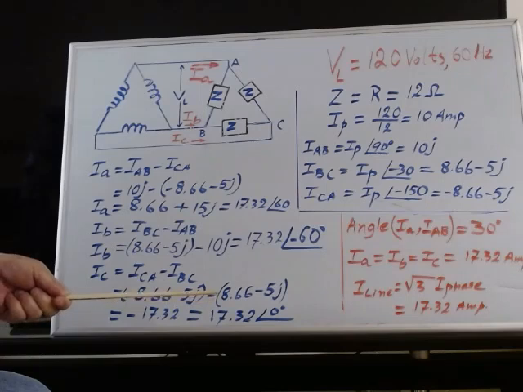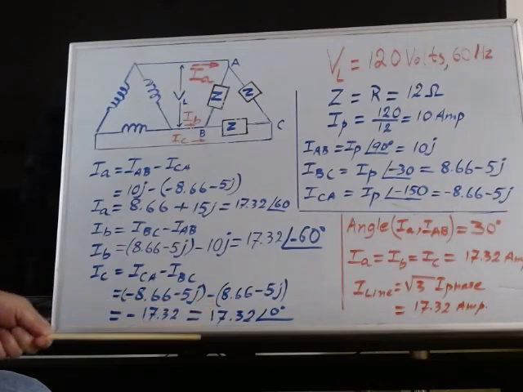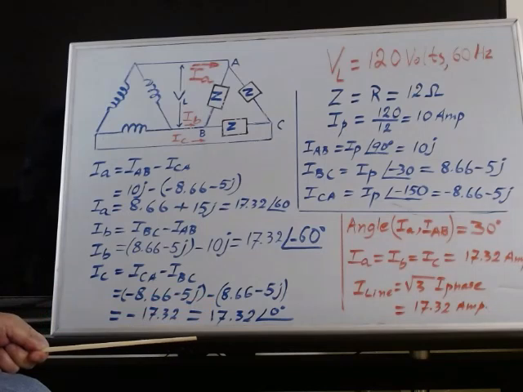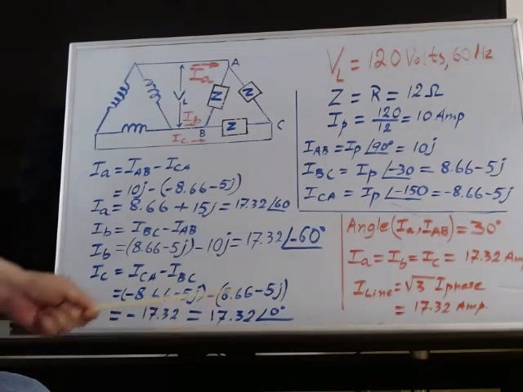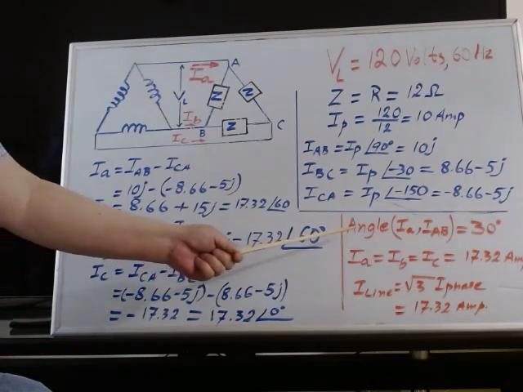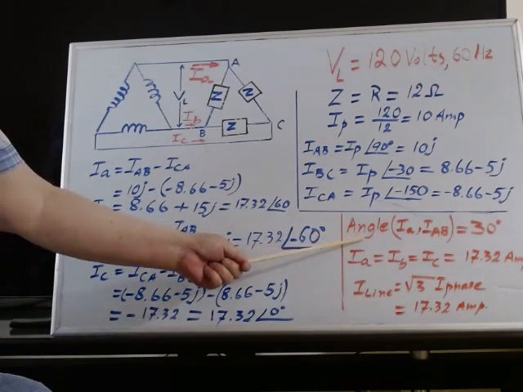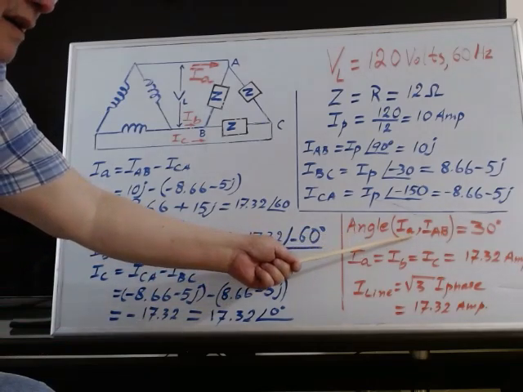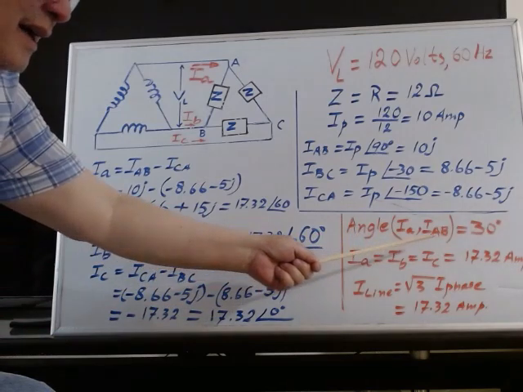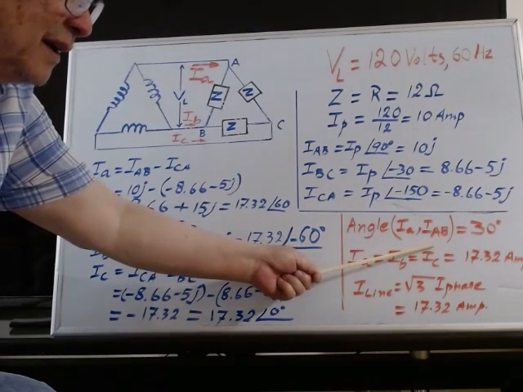Last step to understand is the angle between a line current and a phase current. Consider, for example, the angle between the current IA and the current IAB.